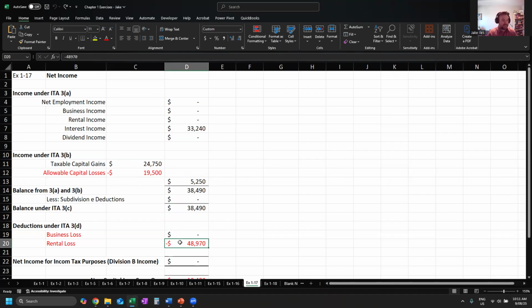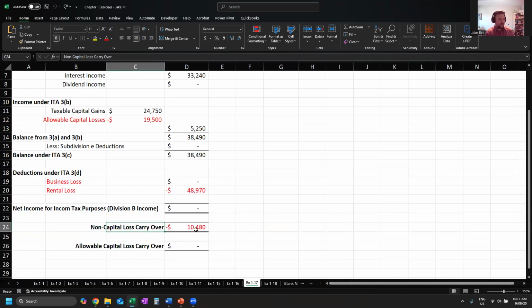38,490 minus 48,970, our subtraction is larger than the income we've recorded so far. So we have a loss, but net income can't be negative. So it becomes zero. And that difference of $10,000 will be carried forward as a non-capital loss.